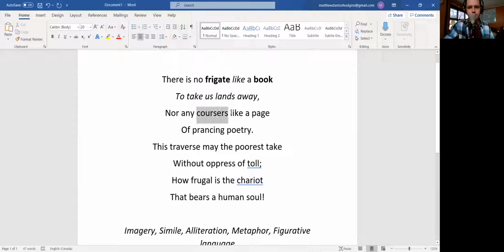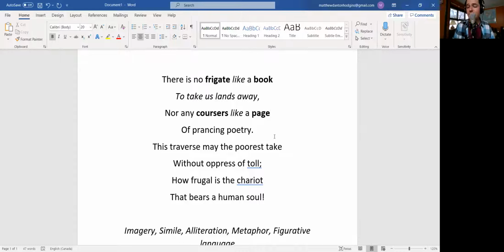So, courser. Our like here implies that we're dealing with a simile, comparing both courser and page. And there we go. So in the same way that a frigate is being compared to a book, giving meaning about going off to distant places, the courser is also being compared to a page, right?